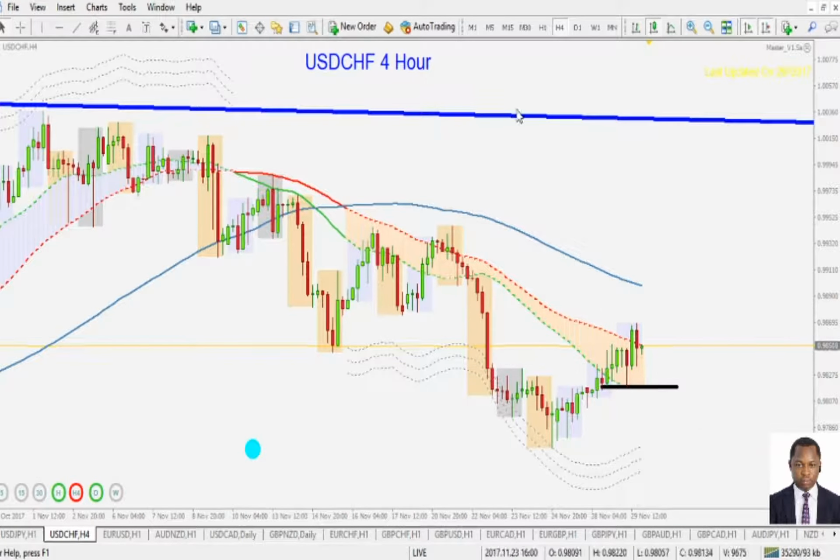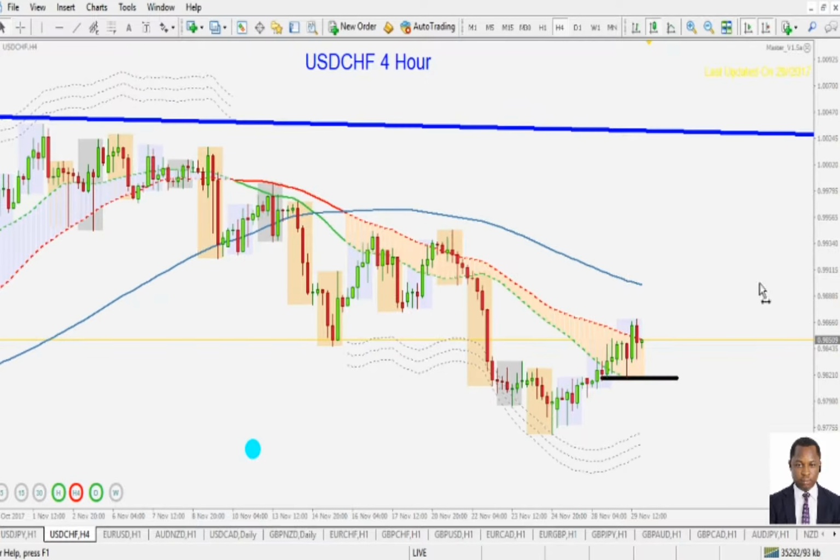The next one is the previous swing low. This is the previous swing low right there. So we are going to see if it comes around that area. Let's draw our standard trend line.